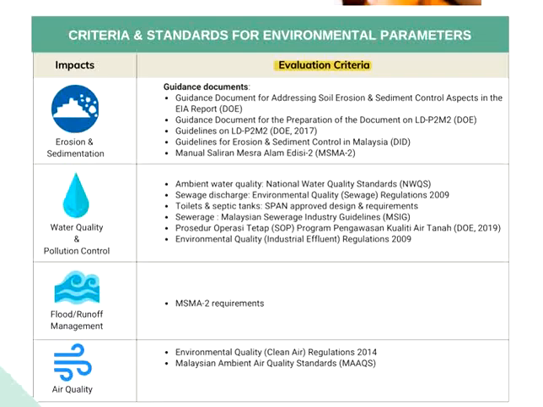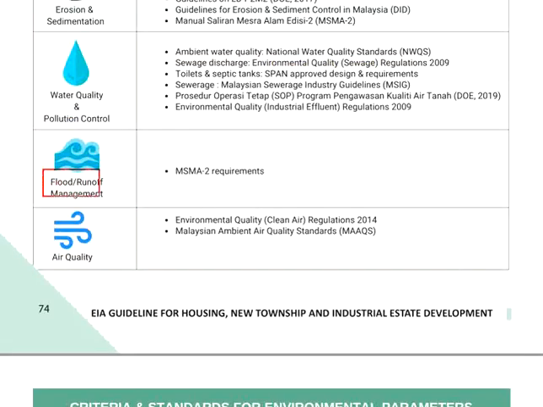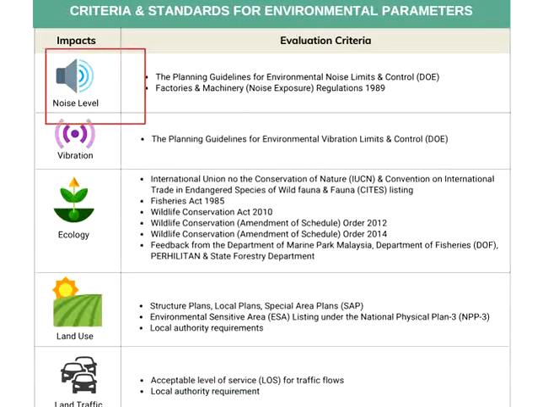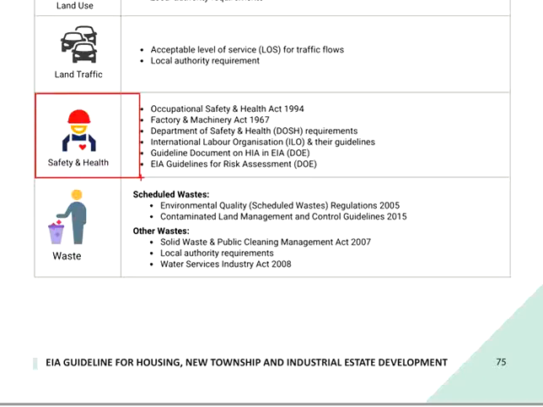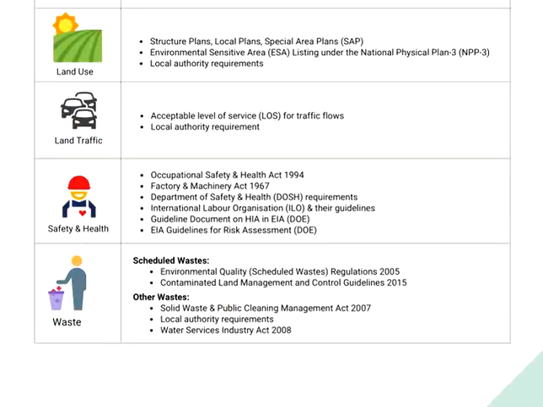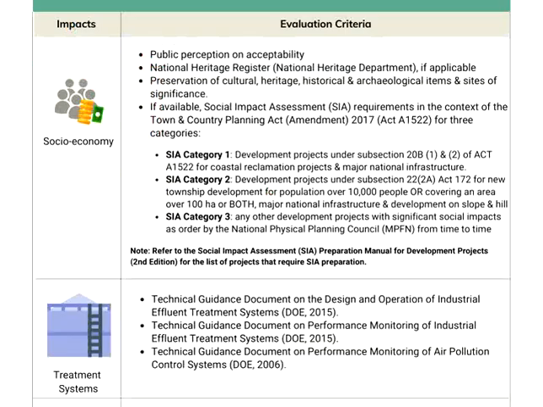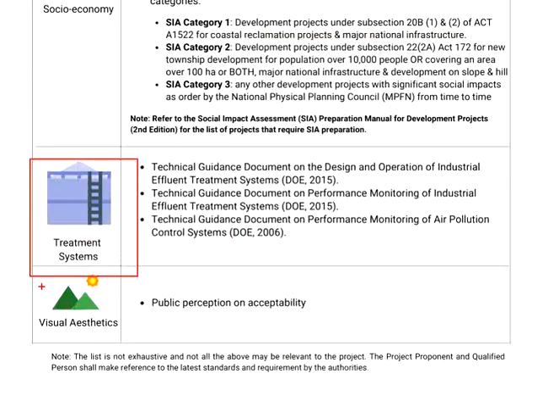Among the impacts included are erosions and sedimentations, water quality and pollution control, flood or runoff management, air quality, noise level, vibrations, ecology, land use, land traffic, safety and health, waste, social economy, treatment system, and visual aesthetics.